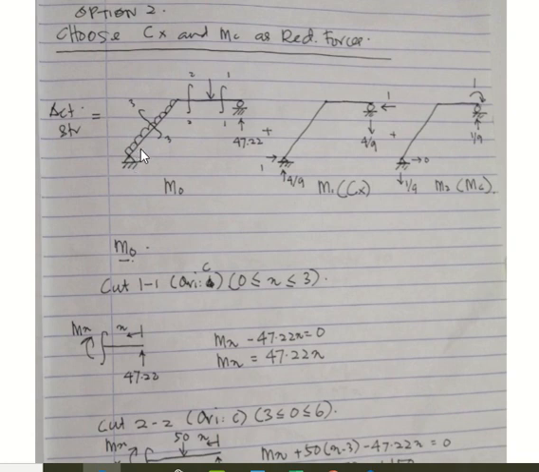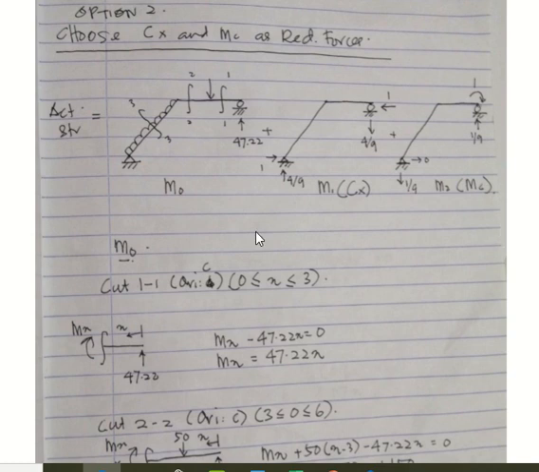You must consider the primary structure, redundant number 1 and redundant number 2. If you choose cutting number 1 and number 2 to consider the right hand side structure, you must do the same for redundant number 1 and redundant number 2.